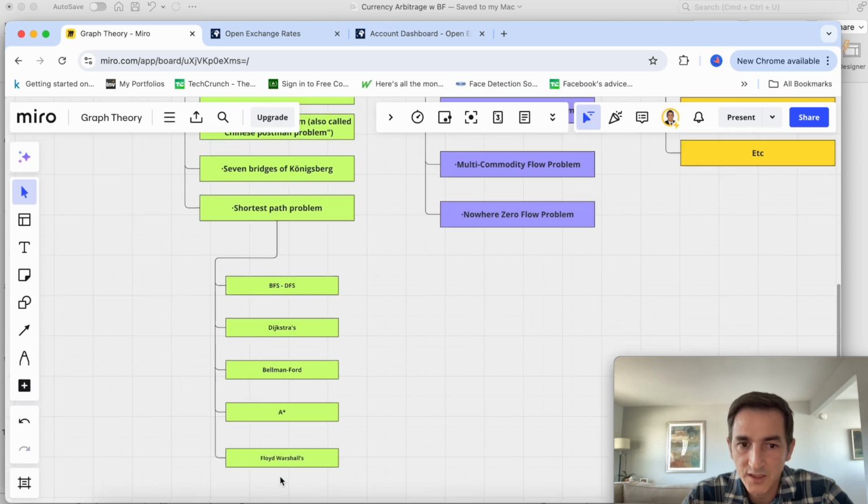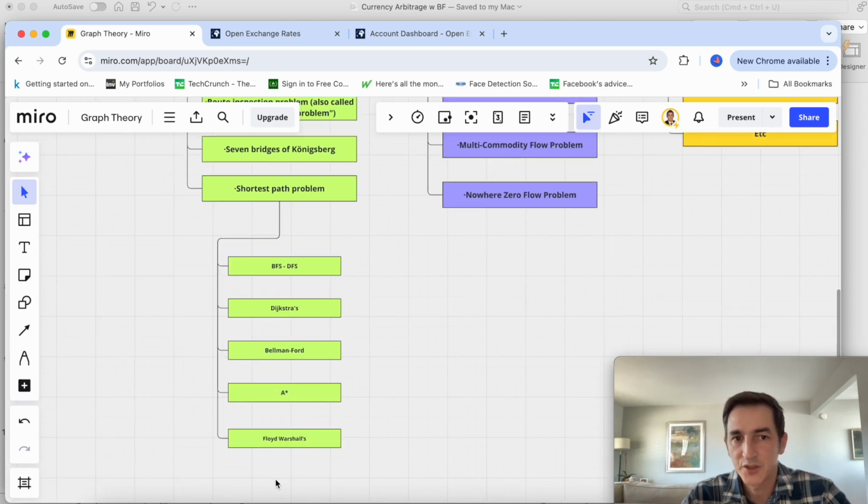We have several algorithms to find the shortest path in a graph. We have Dijkstra's algorithm. That was the first modern algorithm to find shortest path in a graph. And then due to its inability to handle negative weights, negative edges, Bellman-Ford was developed on it.